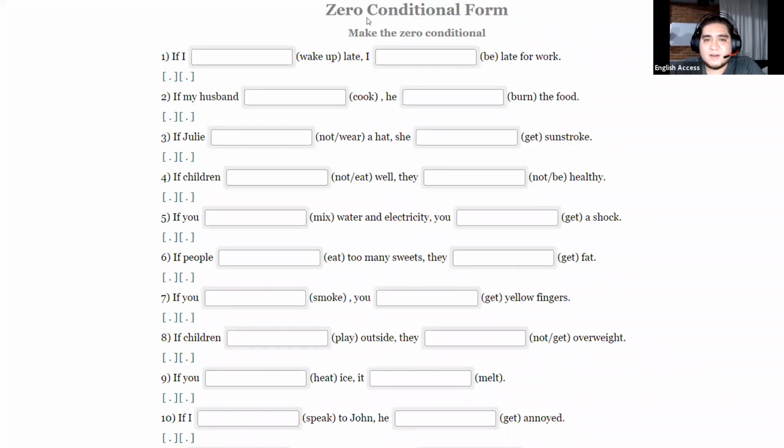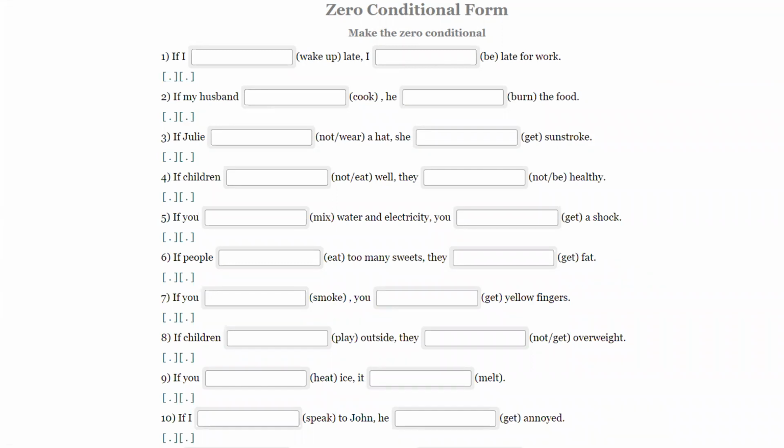Now you will understand why we started with 11, 12, etc. Numbers 1 to 10 had specified what conditional it was. So this is for the zero conditional. Take a picture of it and let me know if you already have it so I can go to the next one.